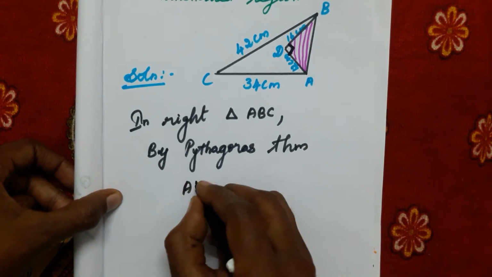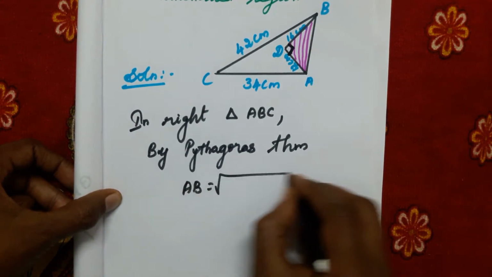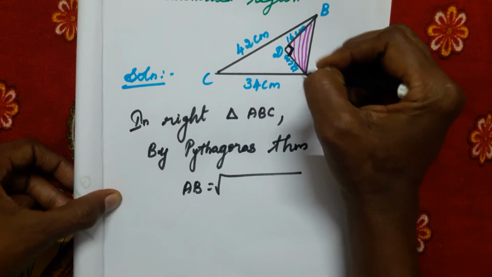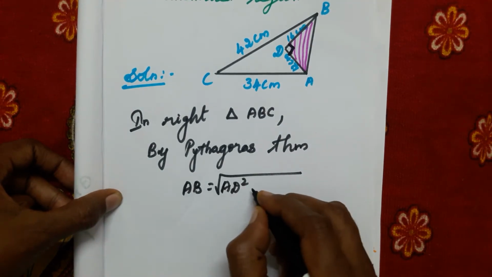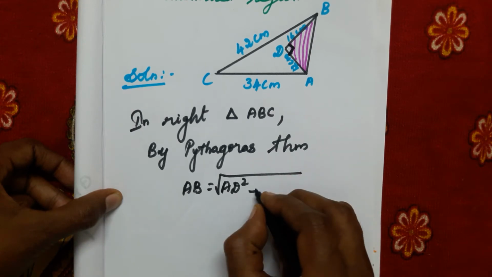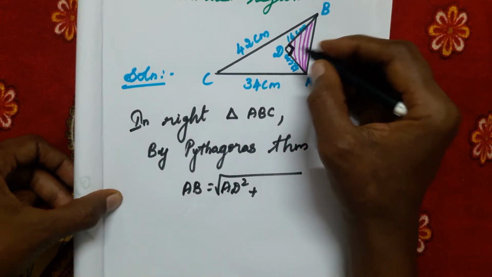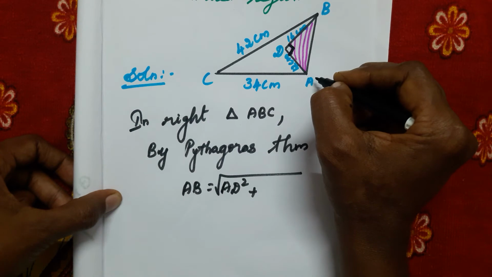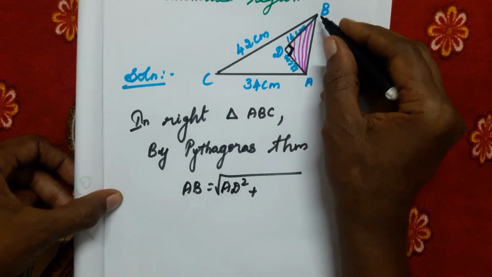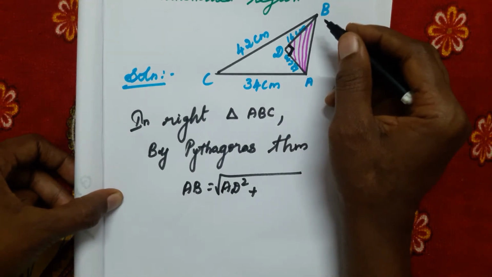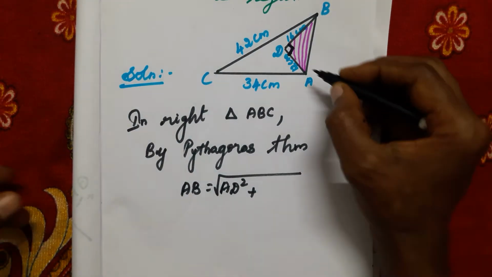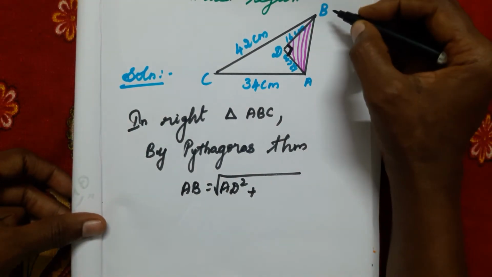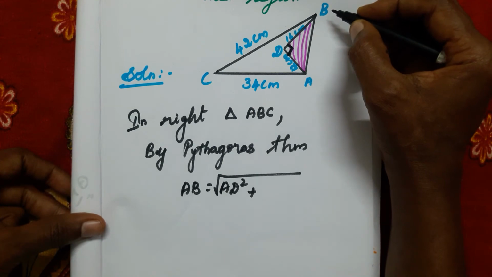So AB is equal to root of AD square plus BD square. In the lower class itself, you have learned the Pythagoras theorem: hypotenuse square is equal to the sum of the squares of the other two sides.